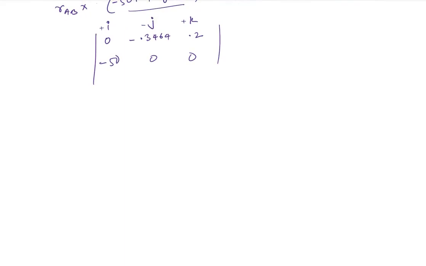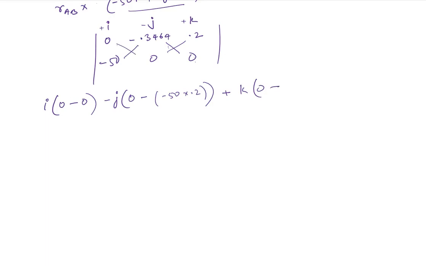Here I'm going to do it quickly. I: this is 0 minus this is 0. Then minus j: 0 times 0 is 0, minus of minus 50 times 0.2. Plus k: 0 minus negative 50 times negative 0.3464.